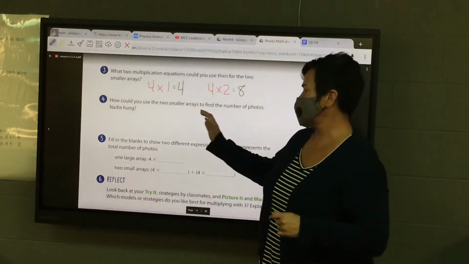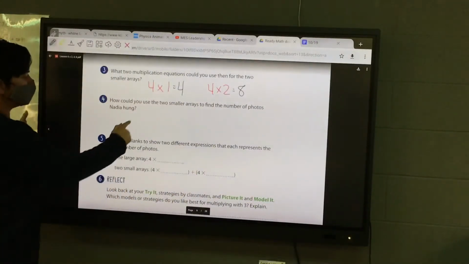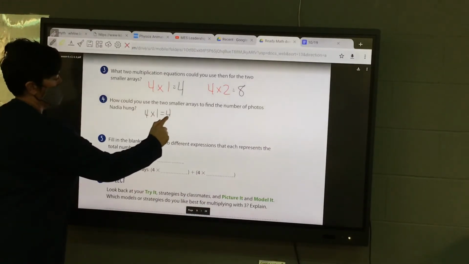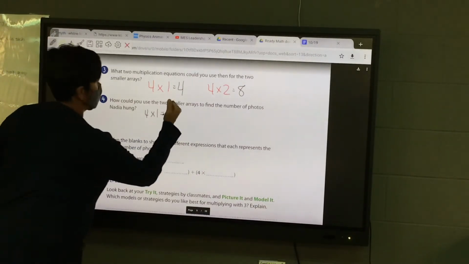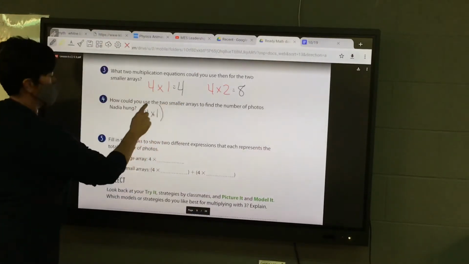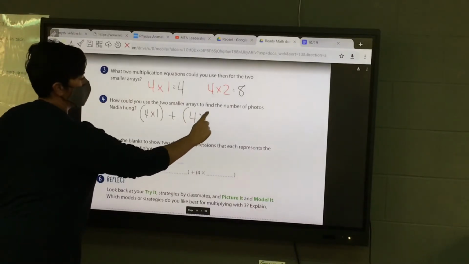Okay, so using these two smaller arrays, Amy said that we have to do this. Oops, hold on. Sorry. My sleeve's writing. Remember looking at it this way yesterday?